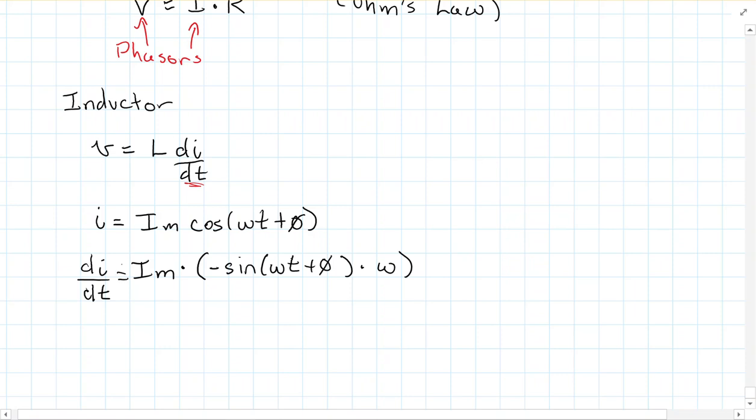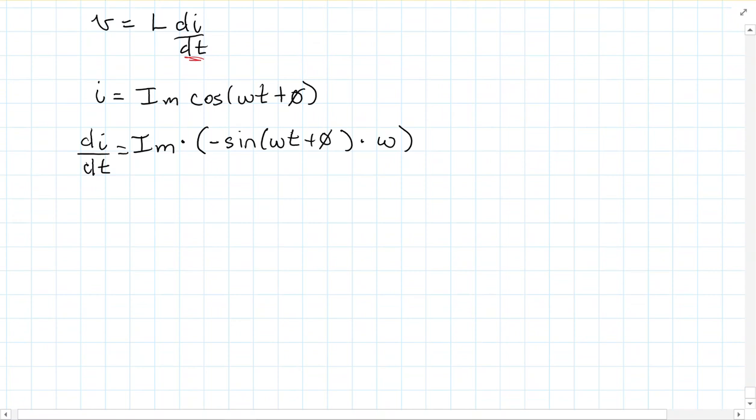So let's just clean that up a tiny bit, rewrite some things in order here. So I have my derivative is negative omega Im sine of omega t plus phi.